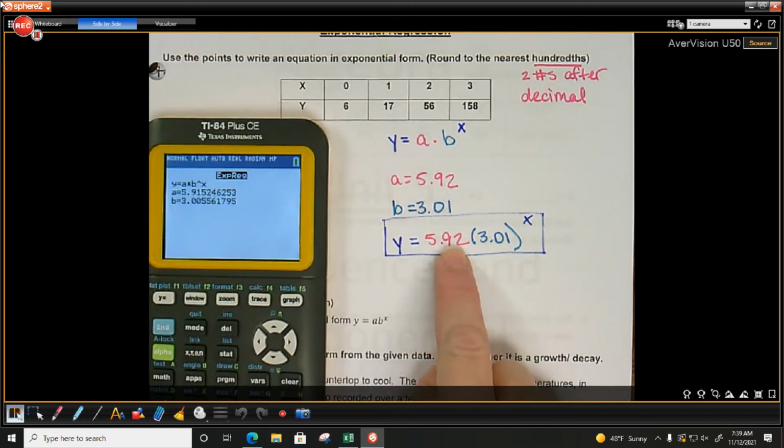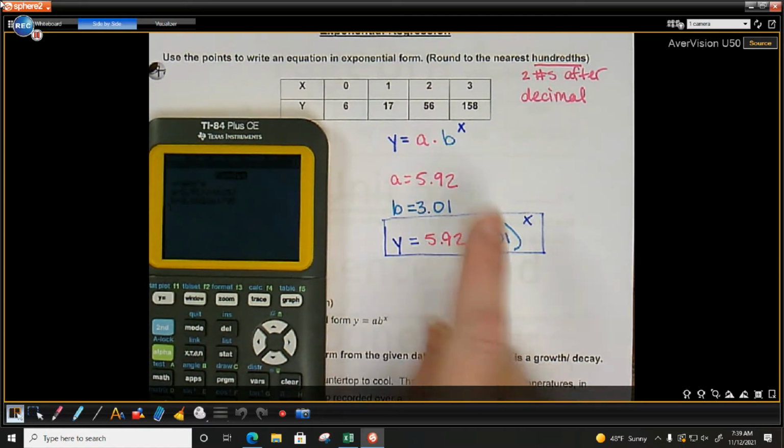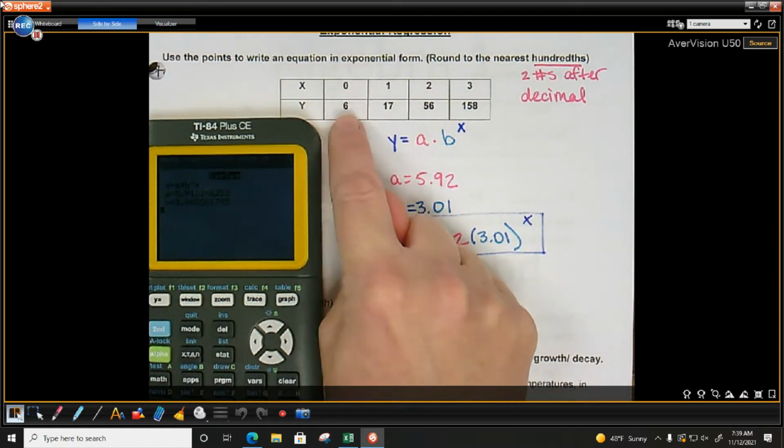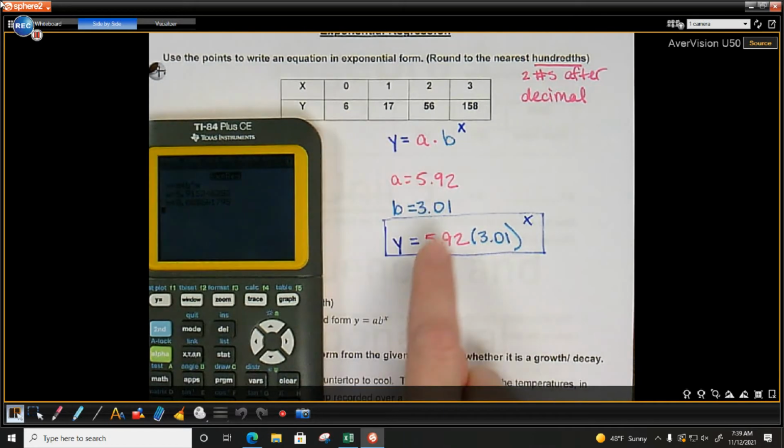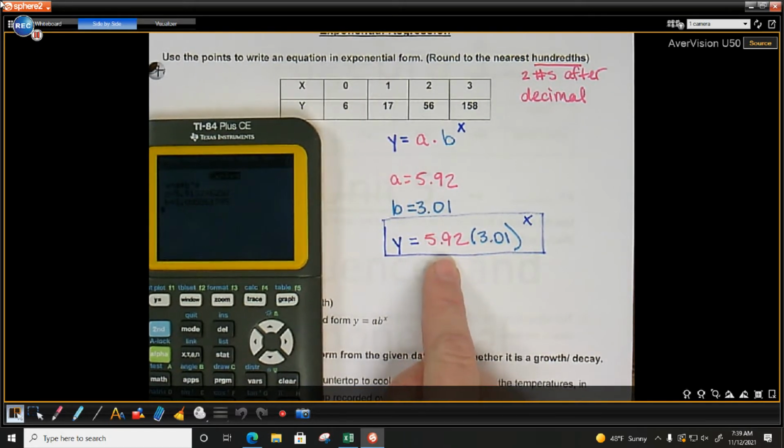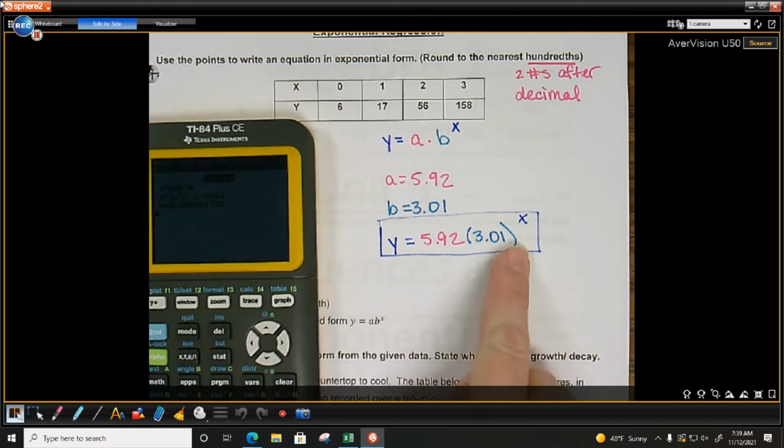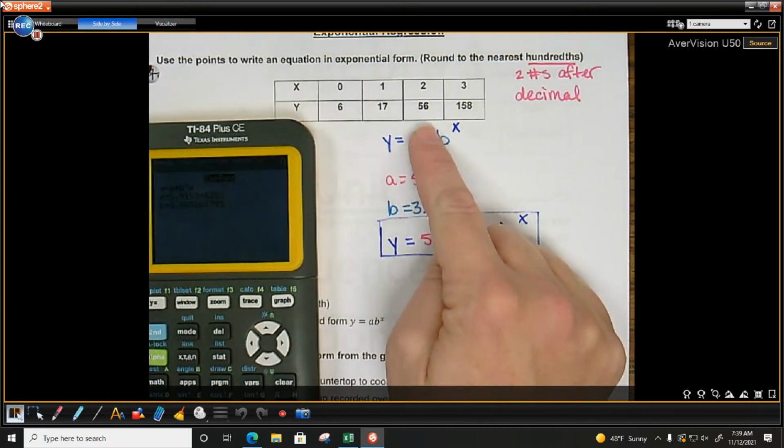What does this number out in front of the parentheses represent? Do we remember what the A is? That's your starting value. So let's look up here. When X is 0, where did I start at? 6. Is 5.92 really close to 6? Should this equation 100% match my data, or is it a rough estimate? Because real world data is not going to be 100% accurate, okay?